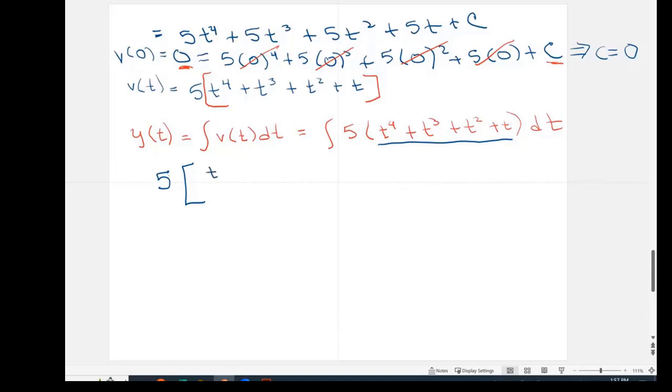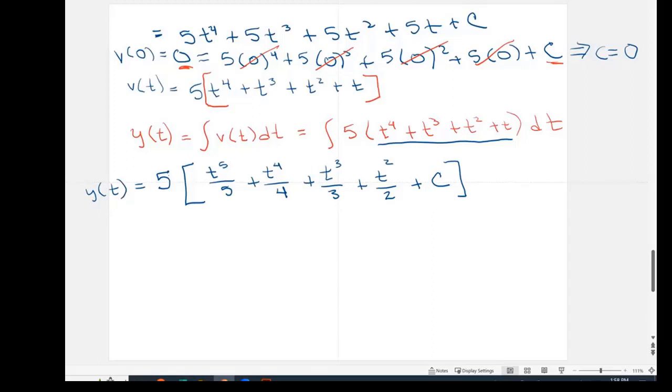I have t to the 5th over 5 plus t to the 4th over 4 plus t to the 3rd over 3 plus t squared over 2 plus c. This is equal to y of t. But again, we want to figure out what c is.